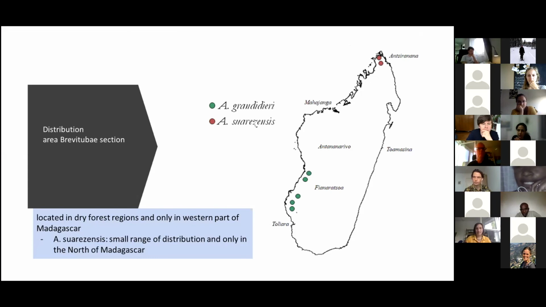Their distribution is also in the dry forest in the western parts of Madagascar, and Adansonia suarezensis is found only in the extreme north of Madagascar. The name Suarez comes from Diego Suarez here in Madagascar.